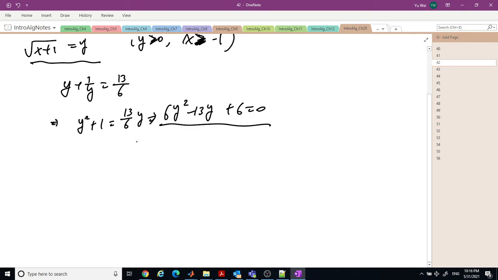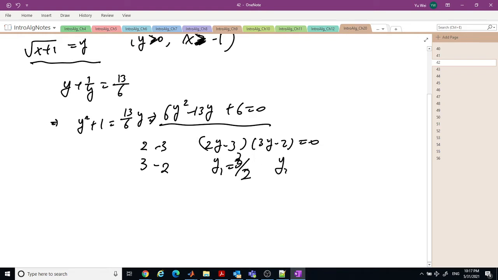So we can do 2 times 3 and 3 times 2, right? So now we have (2y minus 3)(3y minus 2) equals 0. So y1 equals 3 over 2, and y2 equals 2 over 3.